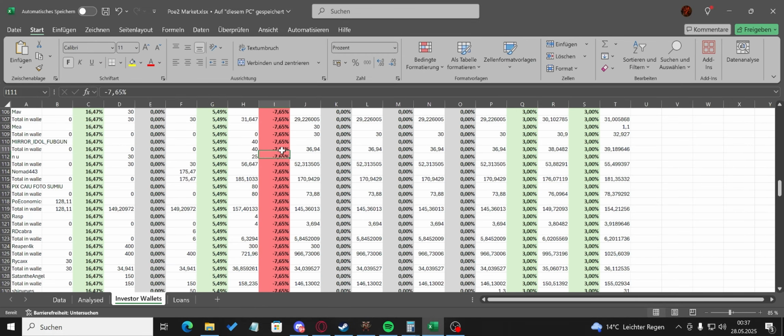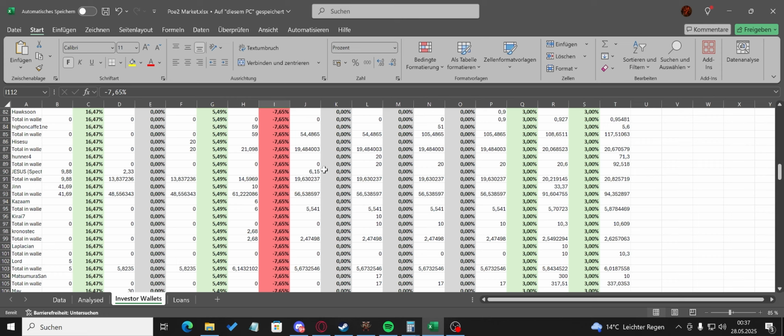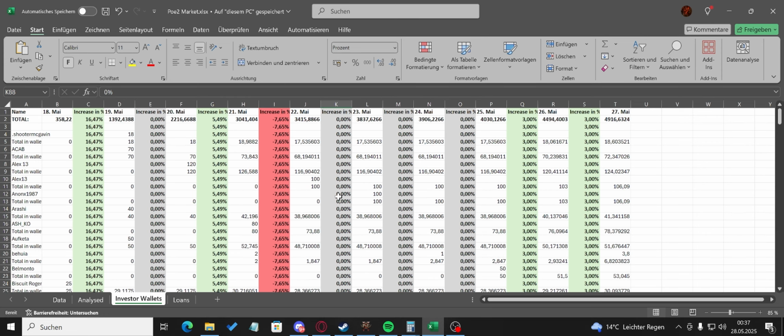Right when the patch came out, we lost around 7.65%, and then the total fund value changed 0%, and now we're already back at the starting line or even over it.